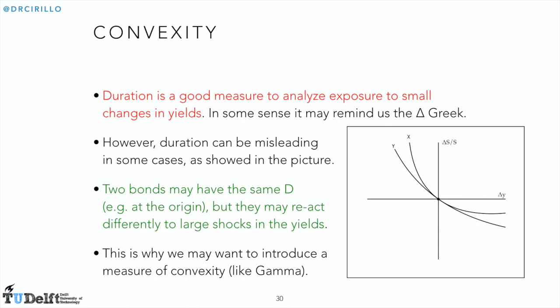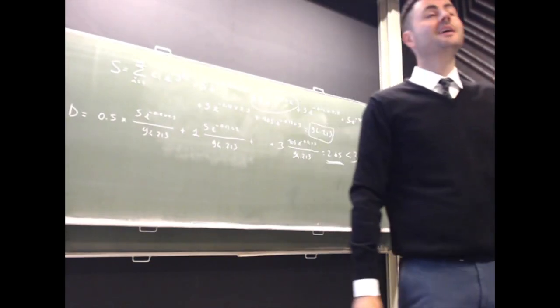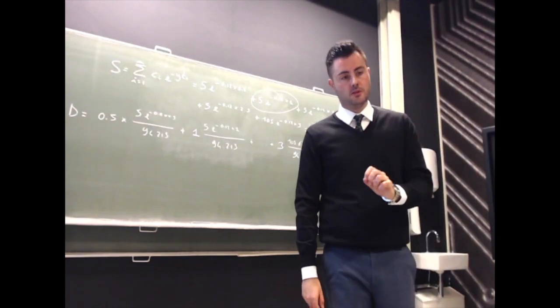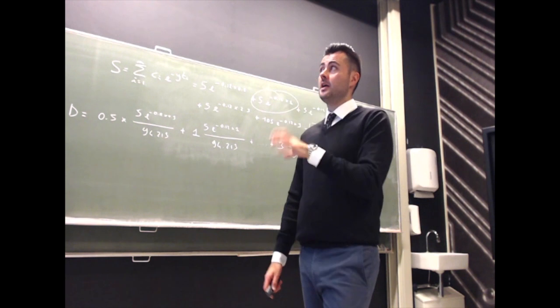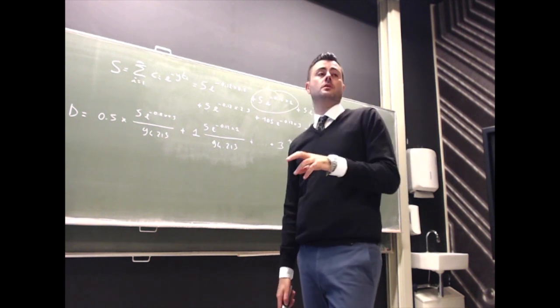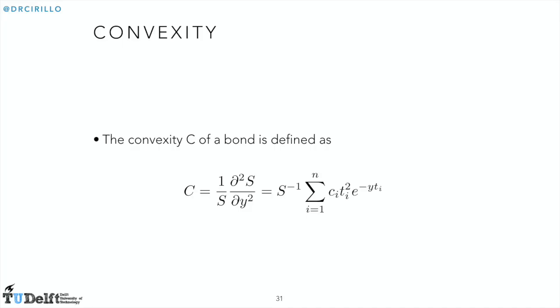So convexity is a quantity that, as duration, is not directly the derivative, but it's a quantity that includes the derivative. In the case of convexity, the second derivative. Convexity is defined as 1 over s. Notice that here there is not the minus sign. It's 1 over s, the second partial derivative with respect to the interest rates, with respect to the yield.